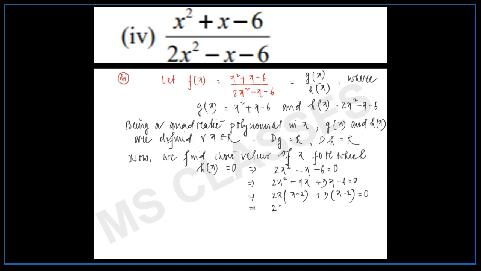This implies 2x plus 3 into x minus 2 equal to 0. This implies x equal to minus 3 by 2, 2.